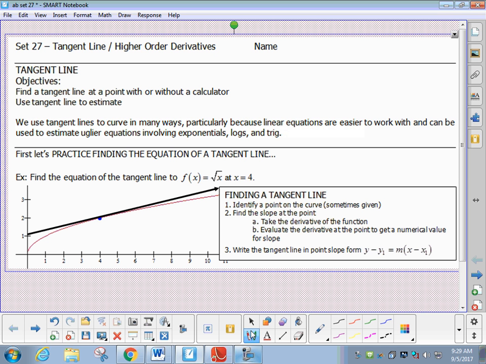Identify a point on the curve. Now, sometimes they're going to say, find the tangent line at blank. And in which case, the identifying part is pretty easy. You already know that the x is 4 that I'm going to square root. And all you have to do then is say, when I put 4 into the square root, I get 2.